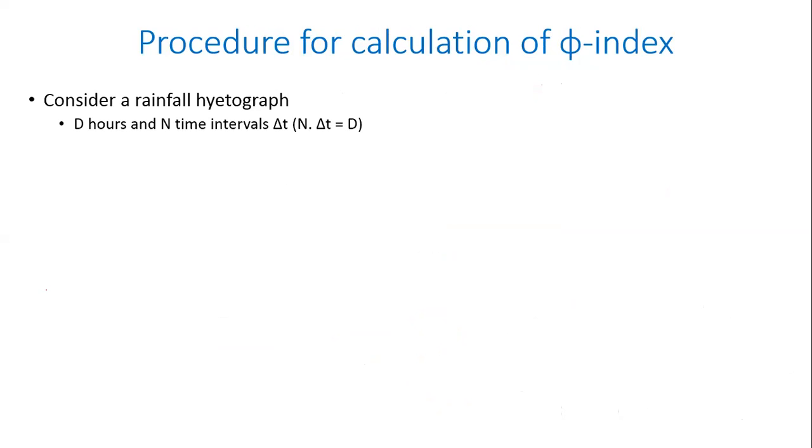Fairly simple. Now the total rainfall that is received during this rainfall event, P, is given as sigma I_i. Now you can very easily understand what I is. What is this capital I? Intensity. The subscript small i goes from 1 to N. Like in the graph that I had shown previously, capital N was 7 and delta t was 2 hours.